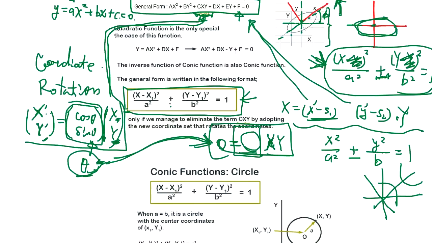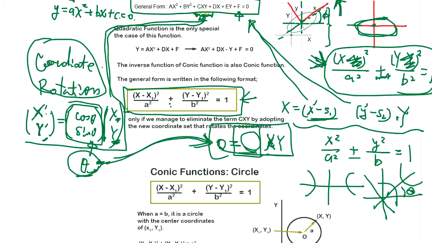It's tilted, the theta. Okay, and after you correct this, the new look will be like this. So coordinate conversion, coordinate rotation, and coordinate movement in parallel position simplify the conic function equation.